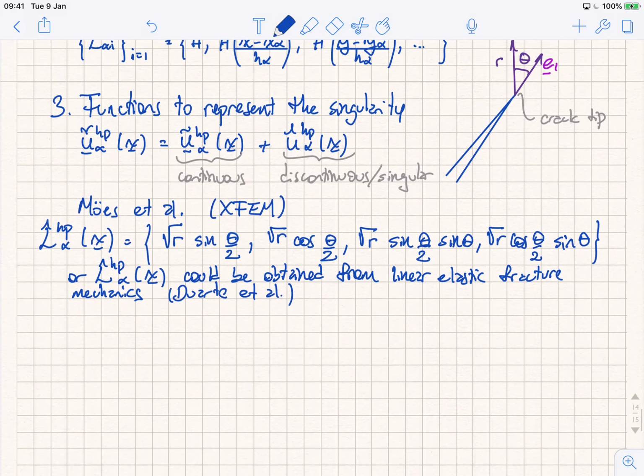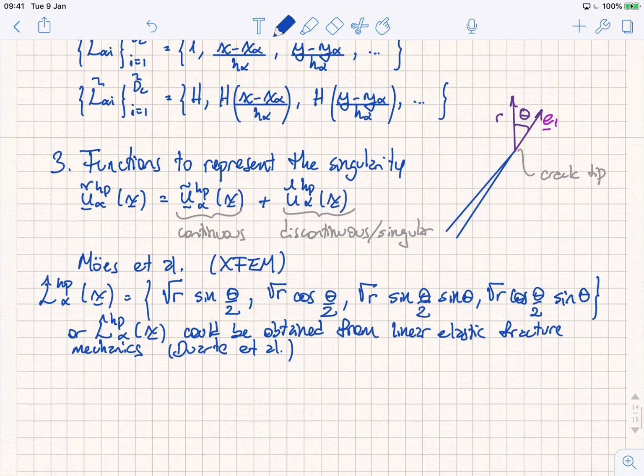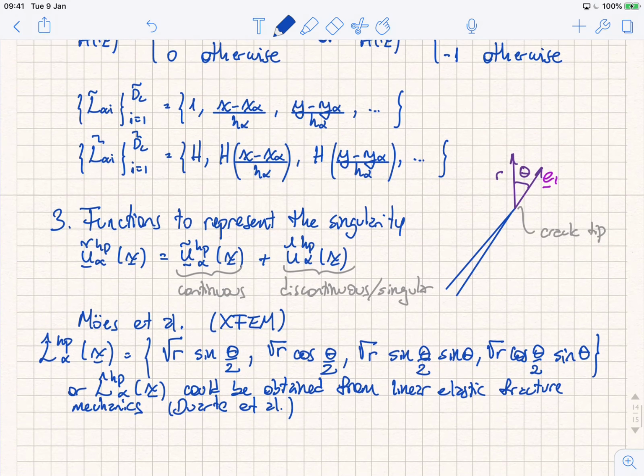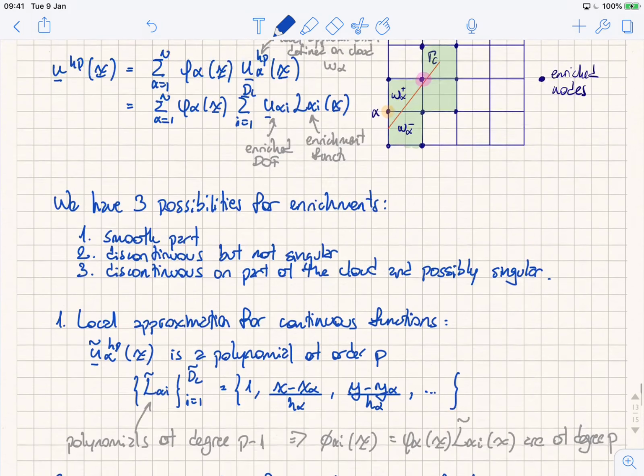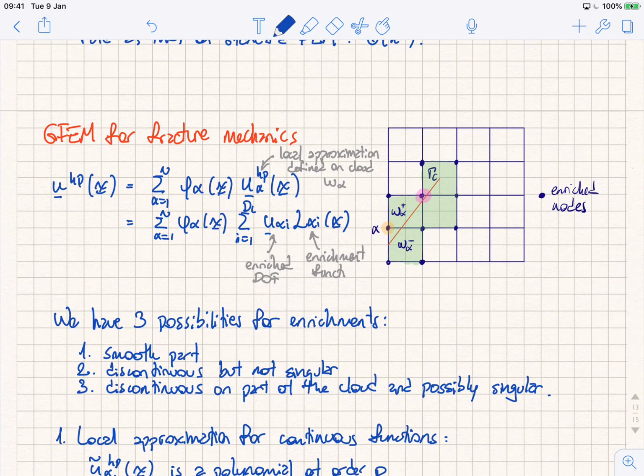Now there is a little thing here that I want to discuss just to finish this. You can think of enriching the elements that contain the crack tip with those singular functions, but there is a problem here. What happens when you are making mesh refinement, and you're thinking, well, I'm going to make my solution more accurate, and I'm going to make my mesh smaller and smaller and smaller.